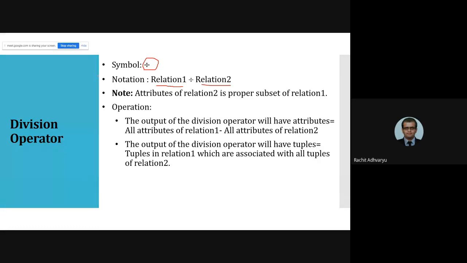But for division, what should be the condition? The condition is this: attributes of relation 2, that means the divider, are a proper subset of relation 1. That means relation 2 must have all the columns that are already available in table 1. So table 1 is a universal table, and table 2 will be the subset of that table 1.